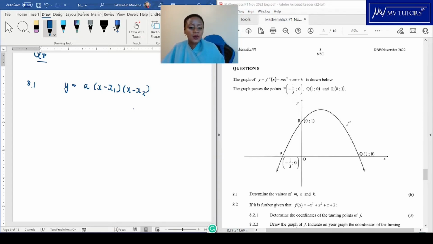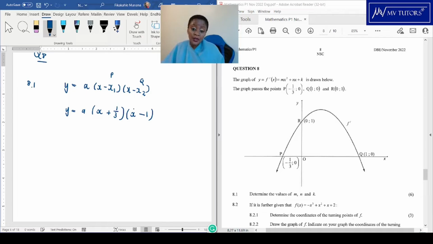All right, so we have that form over there. Firstly, you can put in your x-intercepts. So y would be equal to a, and we have x. In the place of x1, you would put negative a third. So we're going to put in p here and q there. That'll become positive a third. And then for q, we can put in 1.